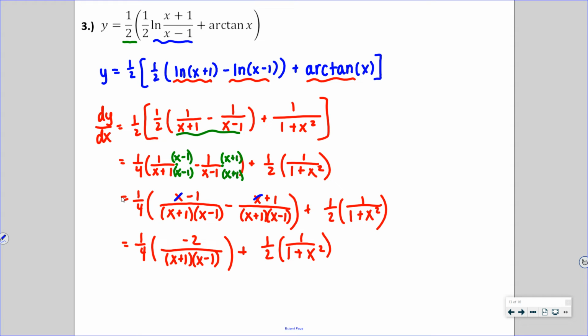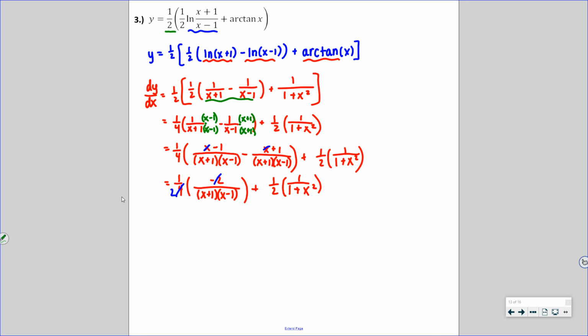Okay, so then I simplified this. I was like, hey, I could make that a 1/2. And then I essentially factored back out the 1/2 and then added these ones together. So maybe we didn't necessarily have to distribute that, but it did help me simplify a little bit.